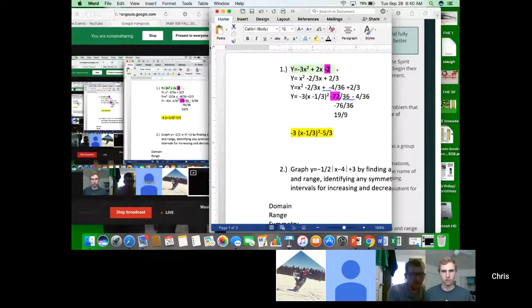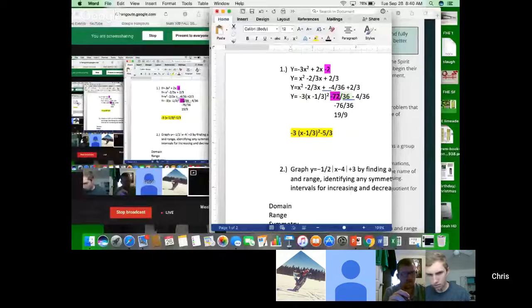All right. So the top line, you divide everything by 3, and you take the 3 and put it outside in parentheses. Yeah, right there. And so you have x minus 1/3 squared. The negative 72 over 36 doesn't make any sense.